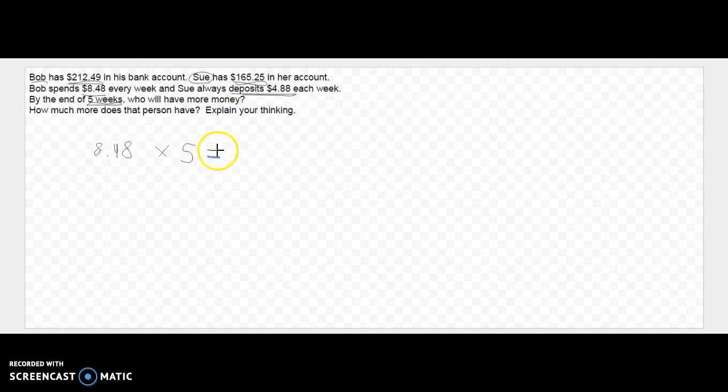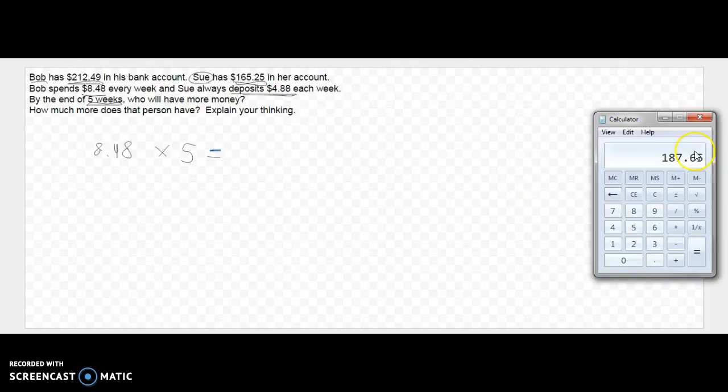You could have very easily decided to add $8.48 5 times, but this is a time saver right here. We multiply anytime that we want to add something repeatedly. Multiplying is faster. So 8.48 times 5. And you're allowed to use calculators on this.